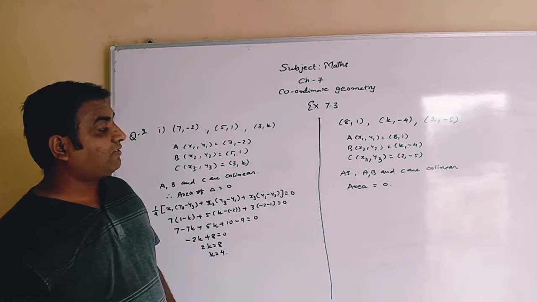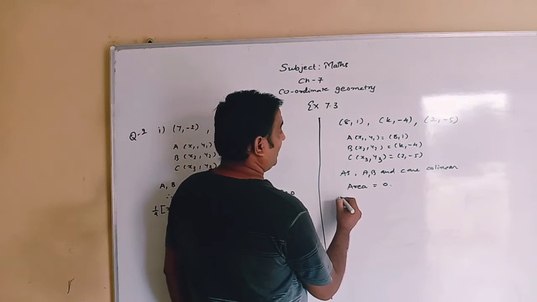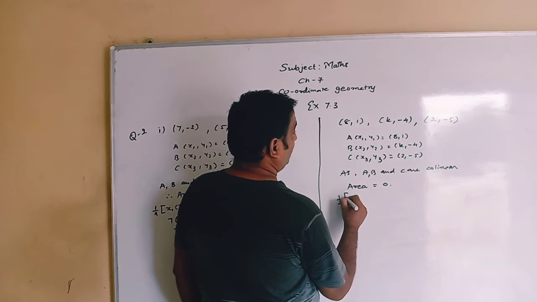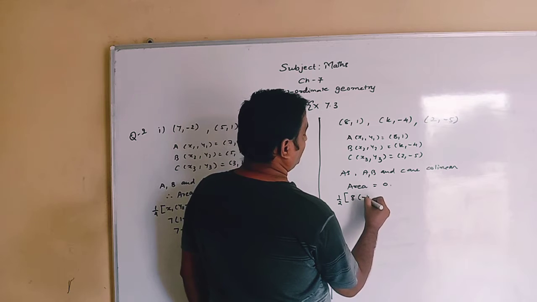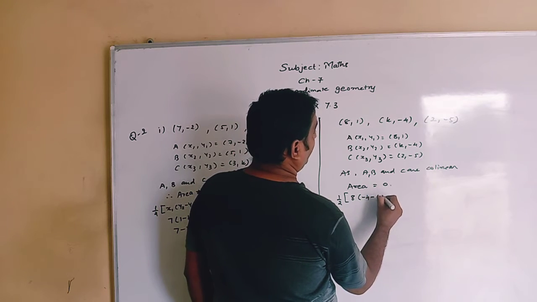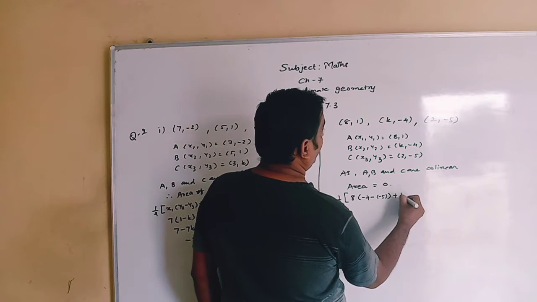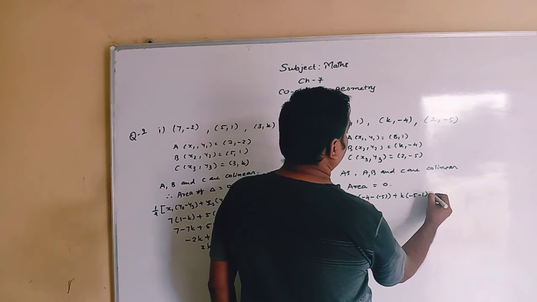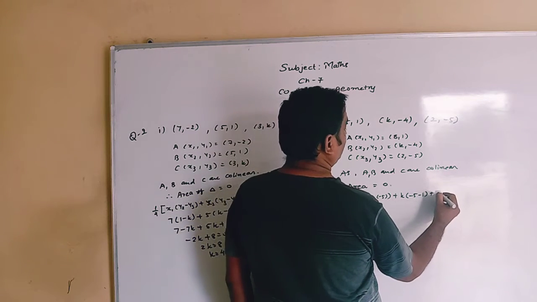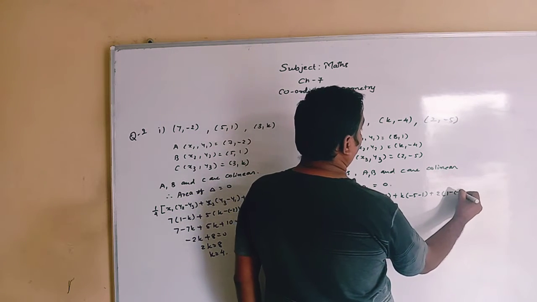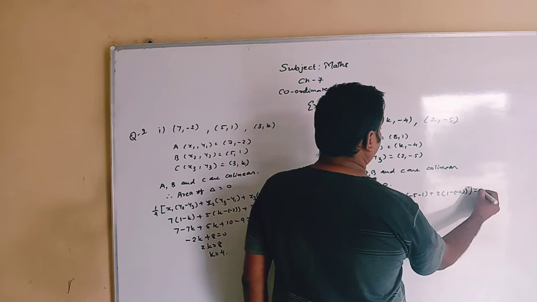Area of ABC equals 0, so we write 1 by 2 [8 (-4 minus (-5)) plus k (-5 minus 1) plus 2 (1 minus (-4))] equals 0.